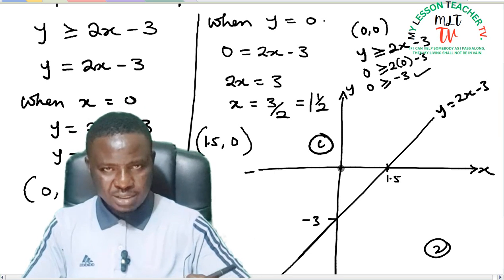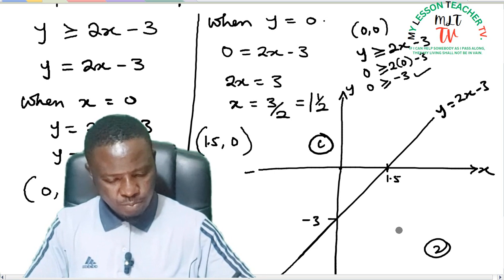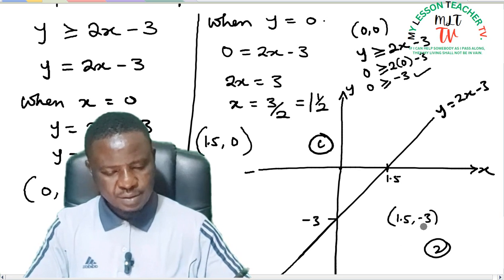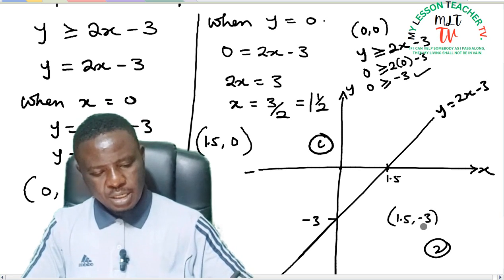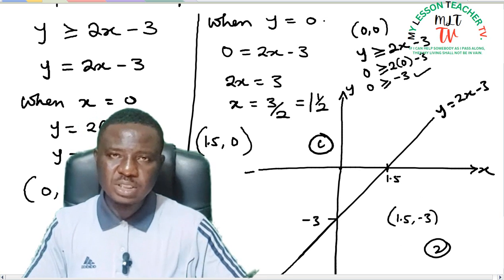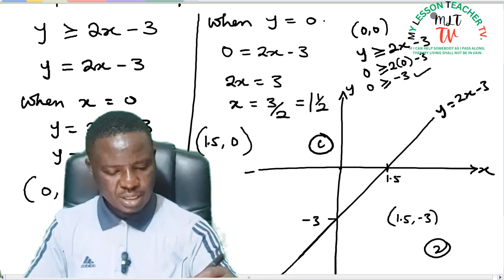Now, if you pick a point, let's say on this part, let me call it 1.5, comma, minus 3. This will not meet the condition of this inequality. It will not be the solution because it may give us something different from this. Let's see.